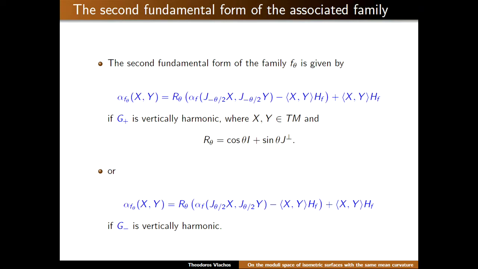Notice that the situation is more involved than in the case of the associated family of minimal surfaces. Here R theta denotes the rotation of angle theta in the normal bundle, and this J, of course, is the rotation of angle minus theta over 2 on the tangent plane.